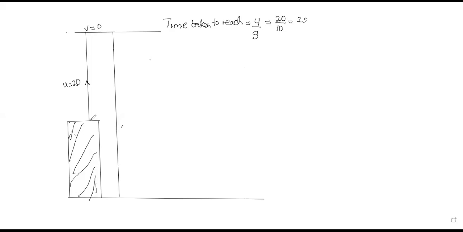So it takes 2 seconds to move from the top of the tower to the maximum height. Meaning, the rest of the time taken to move from the maximum height to the ground must be 4 seconds, because we are told that the time of flight is 6 seconds.